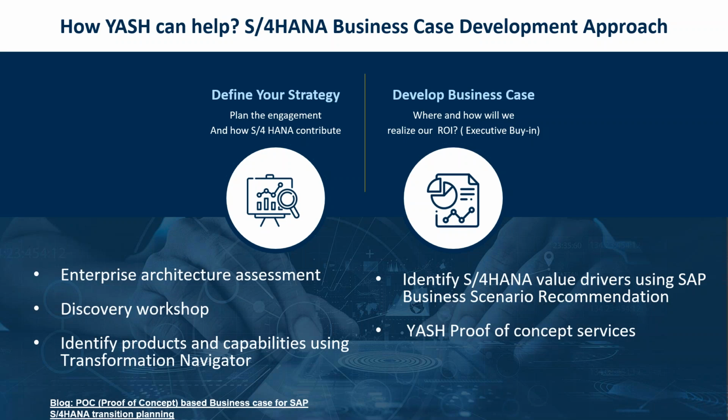We have also used SAP tools like Transformation Navigator, which helps you identify the to-be product roadmap and your products and capabilities in S4HANA. What the tool does is you select your current capabilities and products. By capability, I'm talking about SAP modules like finance, MM, SD (sales and distribution).